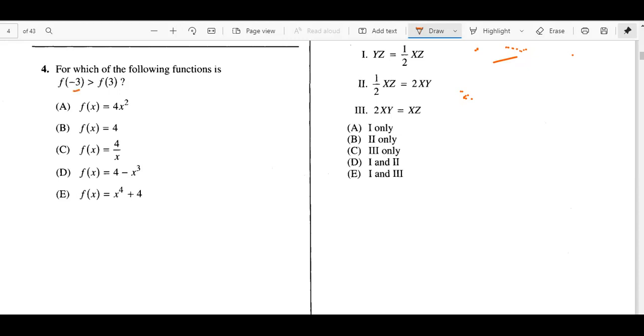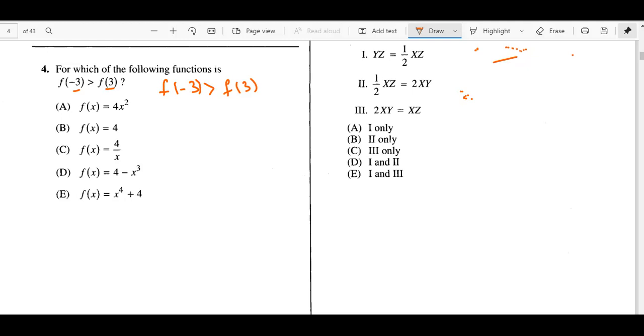It is a bit weird that they're saying f of minus 3 is greater than f of 3. So this is very obvious: we know that it has something to do with the minus sign, right? Because that is the only case where minus and minus would make it plus, and we get the right answer, right?